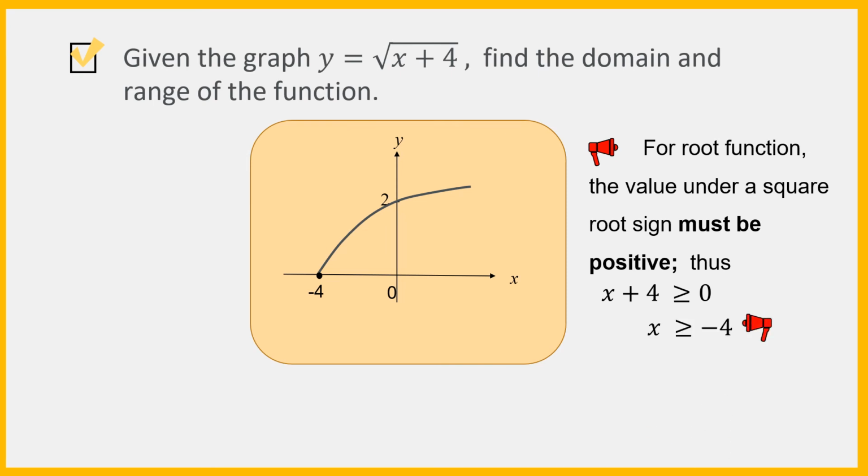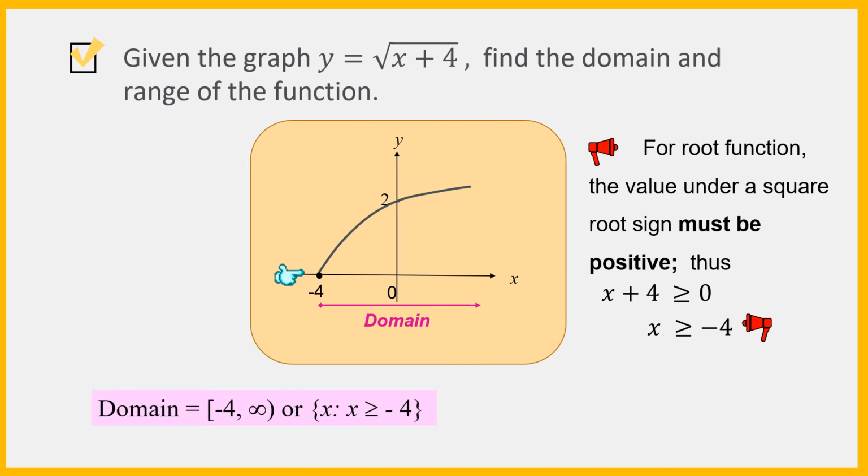Thus, the domain extends from negative 4 onwards. Hence, the domain is written in interval form as [-4, infinity), where negative 4 is included, hence the square bracket, or in set form x such that x is greater than or equal to negative 4.